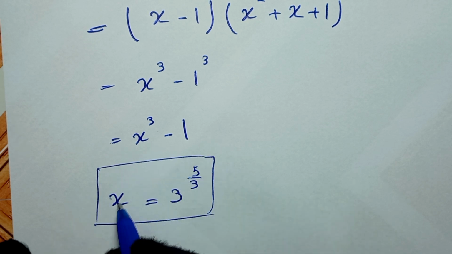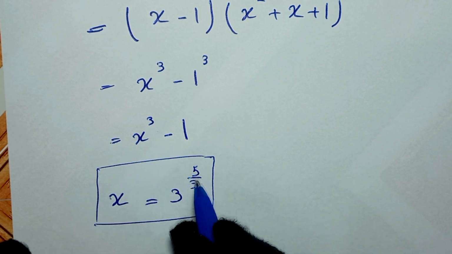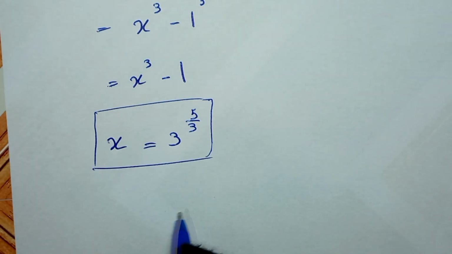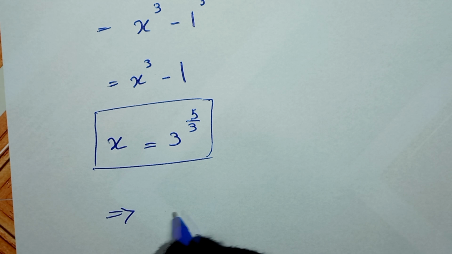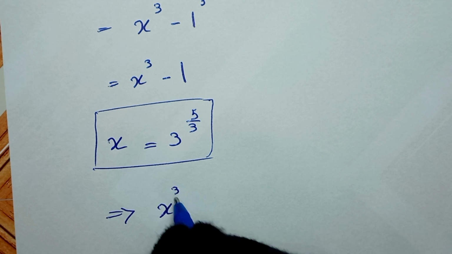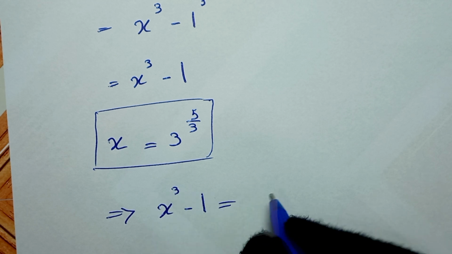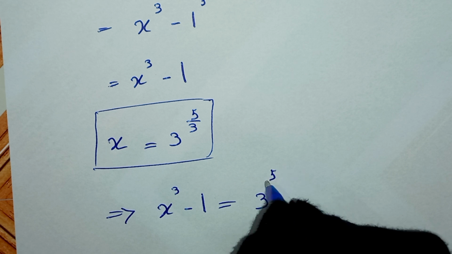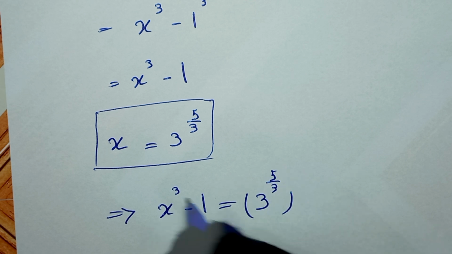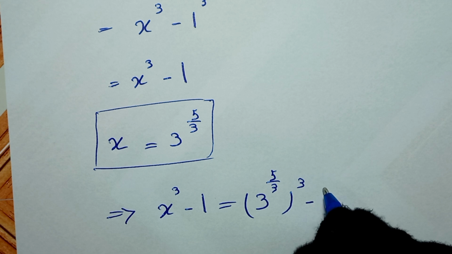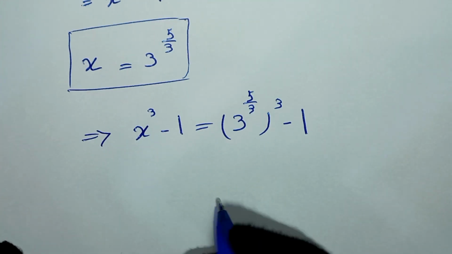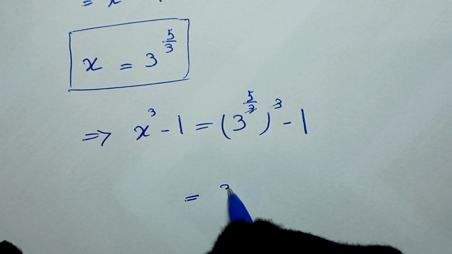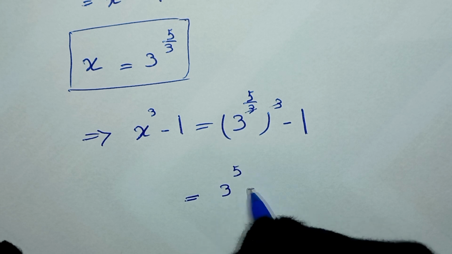So we substitute this 3 to the power of 5 over 3 in this equation, so it will be x cubed minus 1 is equal to 3 to the power of 5 over 3, to the power of this 3, minus 1. And from here, this 3 will cancel this, it will be 3 to the power of 5 minus 1.